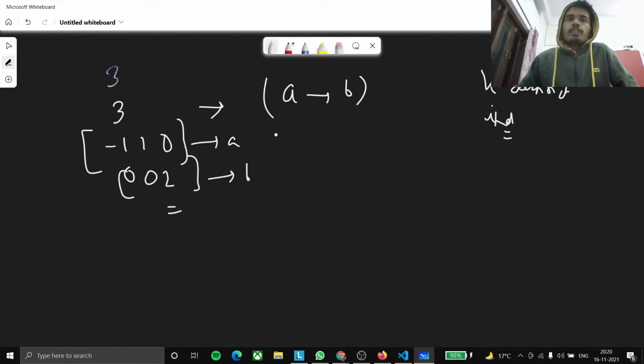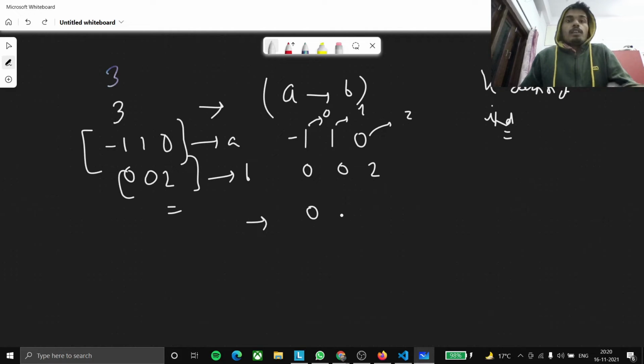So the approach that I used was that suppose we have to convert minus 1, 1, 0 to 0, 0, 2. If we take the indices 0 and 1, just observe that if we add 1 here it will become 0, and if we add 1 here it will become 2, and we don't have to add 1 here because we have chosen only these two indices, so it will be 0 only.